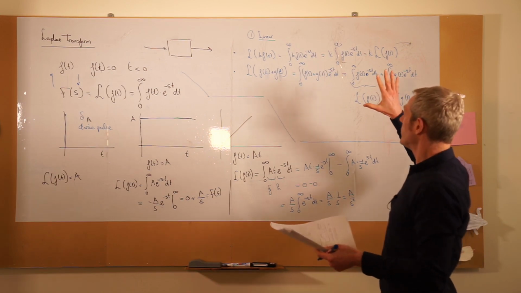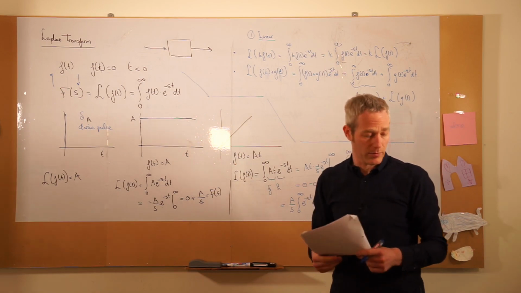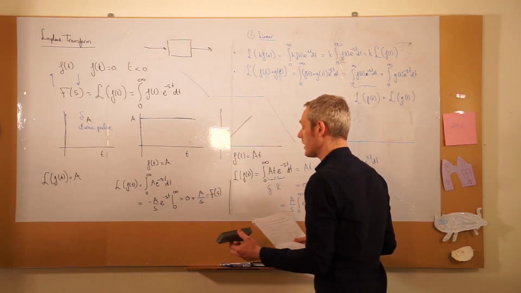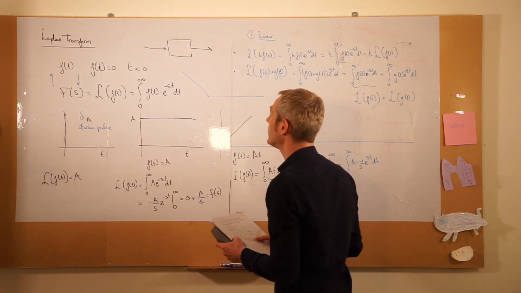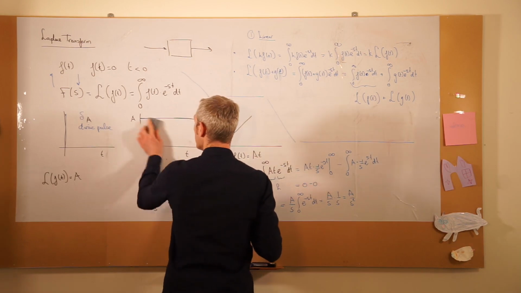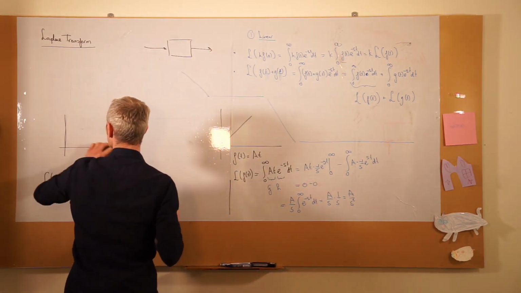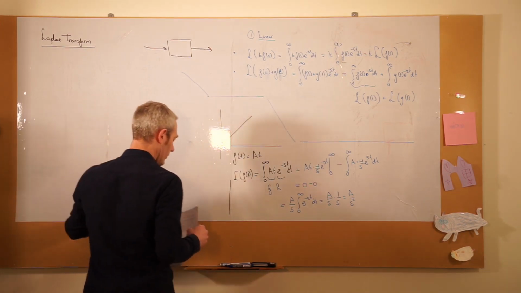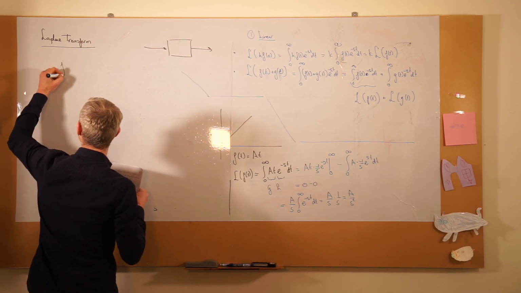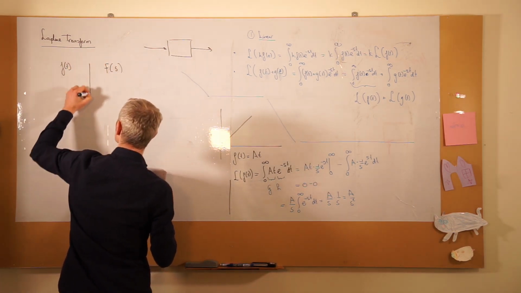So, using this property, some of the simple functions and our lookup table, it becomes a lot easier to work with the Laplace transform. I will give you the first part of that table, which we will use later in an example on differential equations. So if this is my f, then this is the Laplace transform.